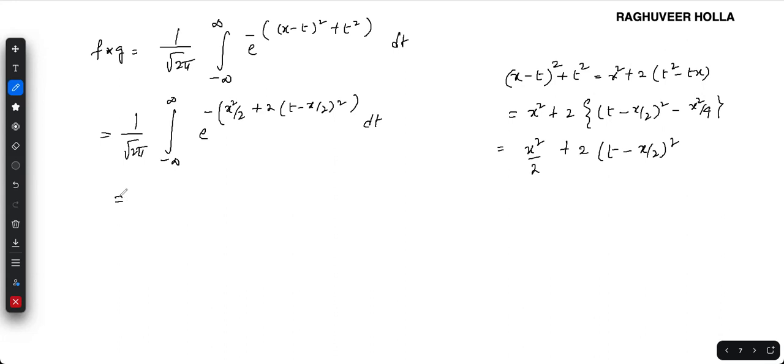Or f multiplied by g is 1 by root 2 pi, you can take e to the power of minus x square by 2 out, integral from minus infinity to infinity of e to the power of minus 2 into (t minus x by 2) whole square dt.